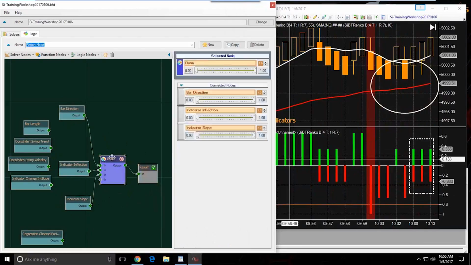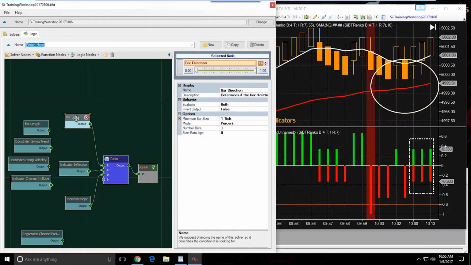So the simple answer is you take the number of solvers, divide 100% by it, and that's what each solver is worth. Then the ratio node just adds the long side together, and adds the short side together and spits out the output of that.